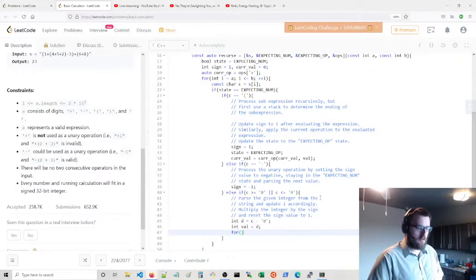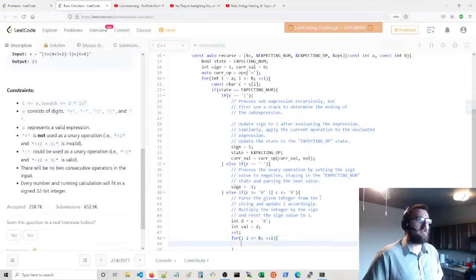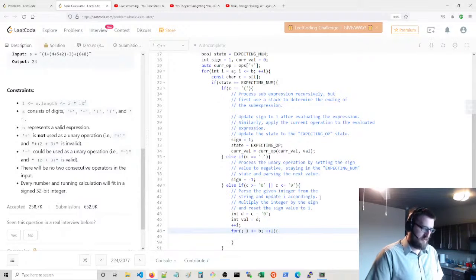And we're going to say for I is less than or equal to B, increment I here, and say while I is less than or equal to B, and S of I is not equal to end, and it's greater than or equal to 0, and S of I is less than or equal to 9.